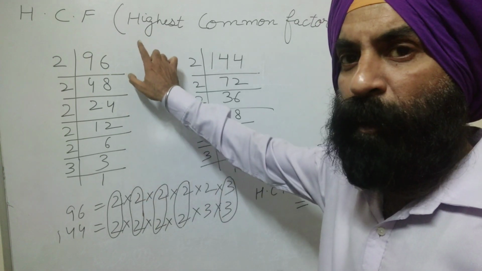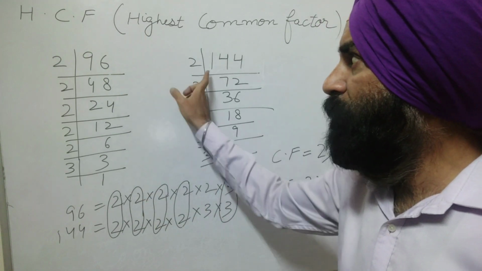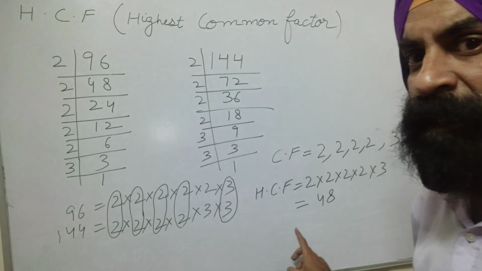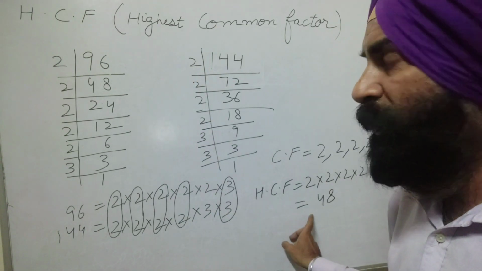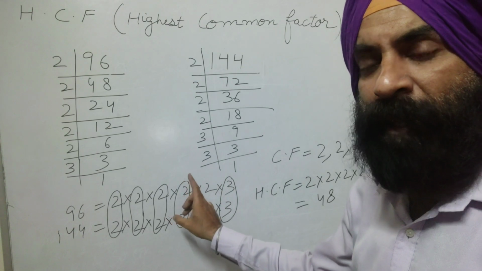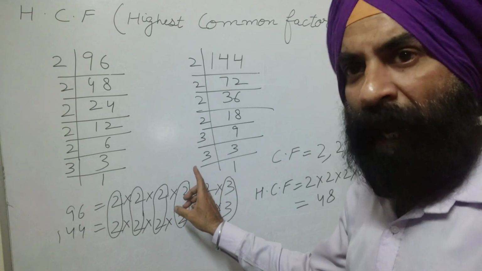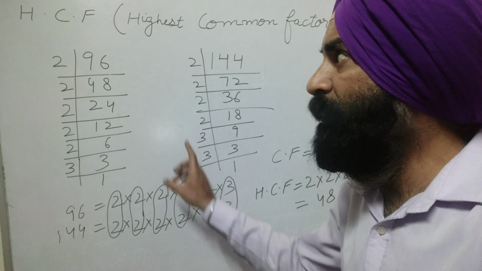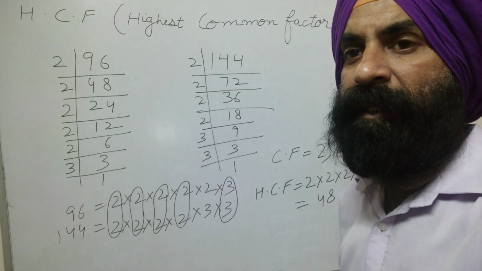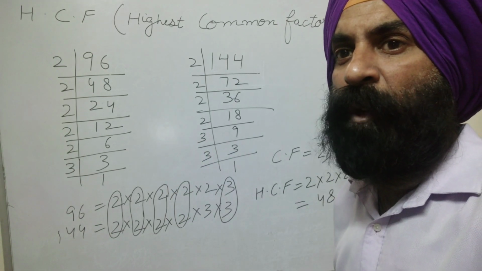One thing more I want to add. For 96 and 144, as we have found the HCF as 48, it can also be called by another name but having the same meaning, and that is called GCD. GCD stands for greatest common divisor.